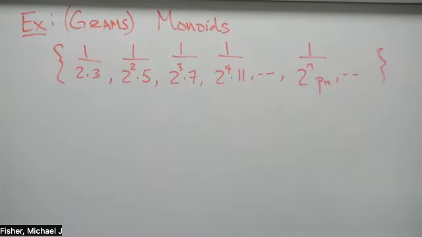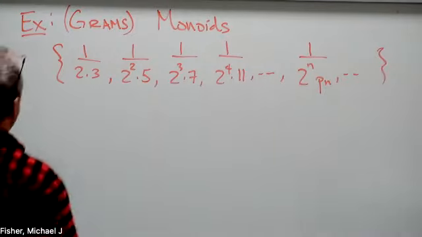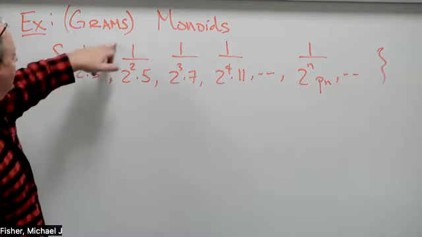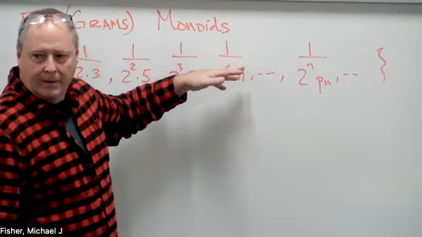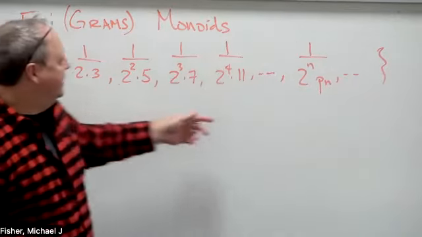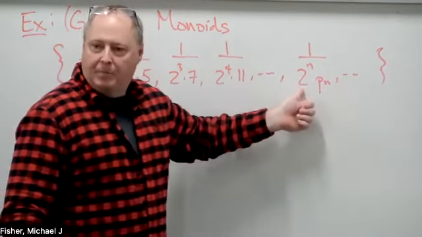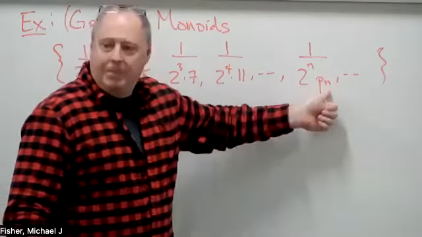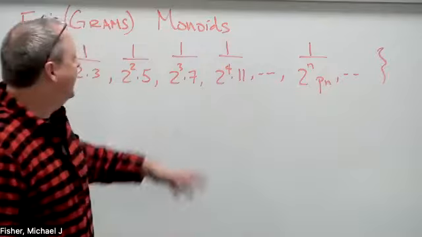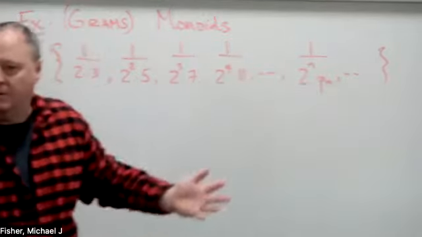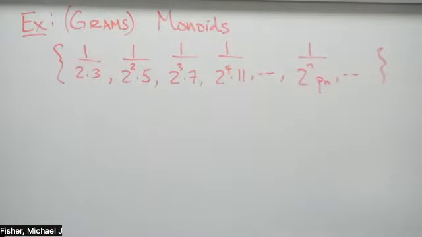So what I'm going to do is additively generate using these particular fractions: 1/6, 1/20th, 1/56, and so forth and so on. My pattern is increasingly large powers of 2 in the denominator, and p_n is the nth odd prime. So the next one will be 1 over 2 to the 5th times 13. Everybody okay with it?